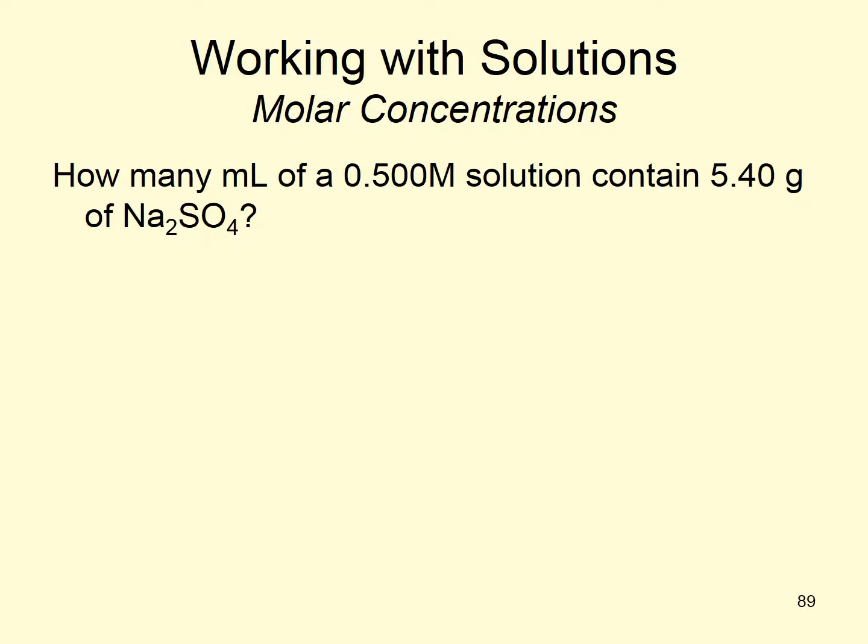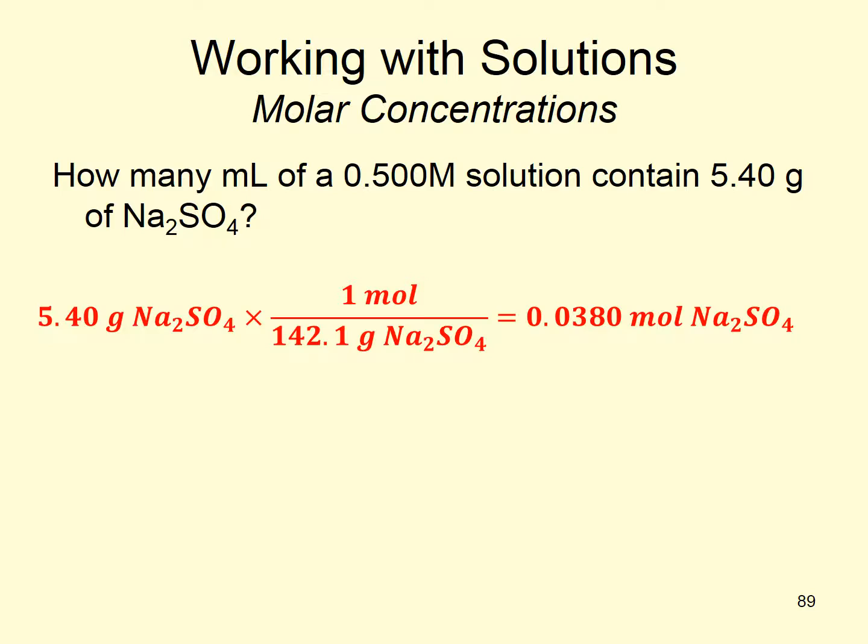But before we do that, we're going to have to take our grams of Na2SO4 and convert it to moles. So that's the first thing we did. 5.4 grams divided by the molecular weight of Na2SO4 means that we need 0.0380 moles of Na2SO4. Or that's how much we want.